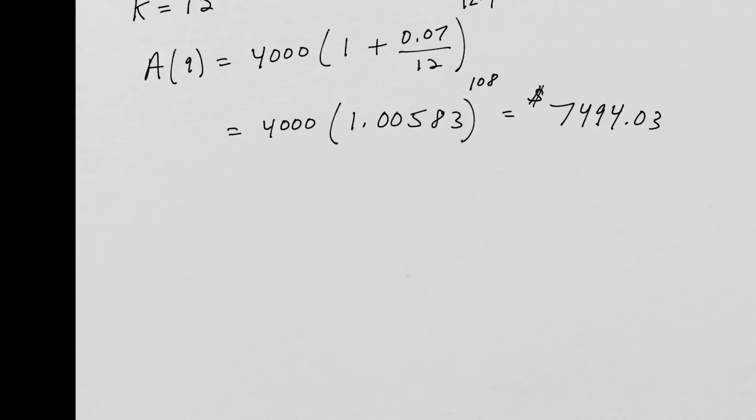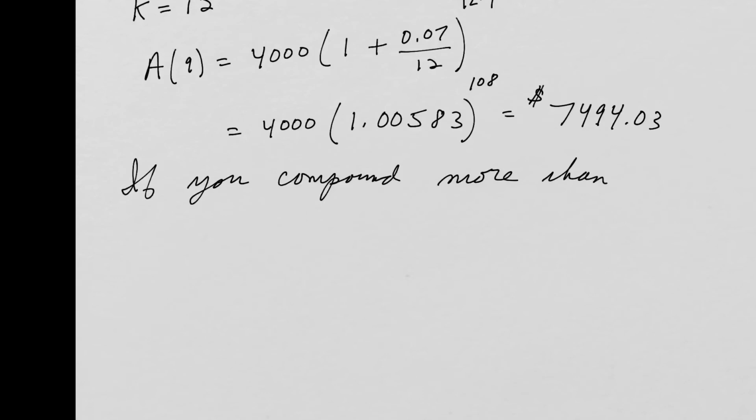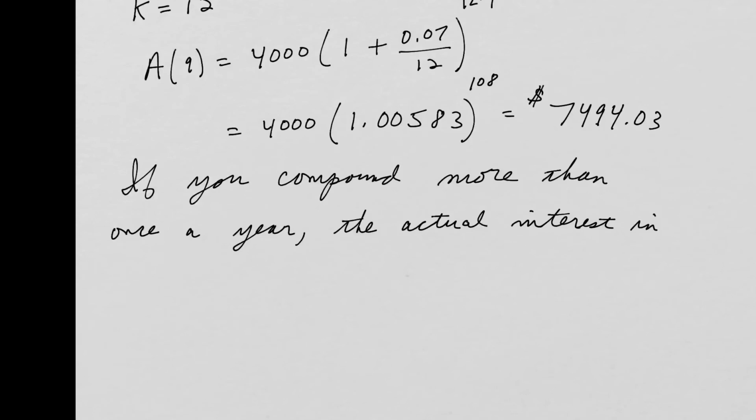So if you compound more than once a year, the actual interest in a year is more than the annual percentage rate.